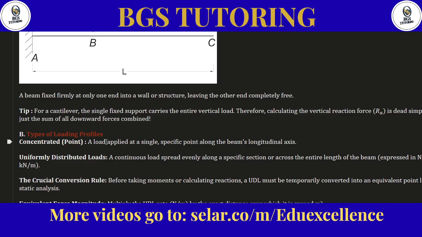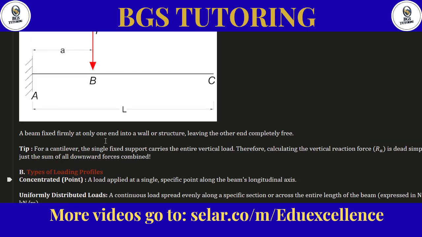You will have a load that is spreading all the way along the entire length of the beam, and it is usually in newtons per meter or kilonewtons per meter.